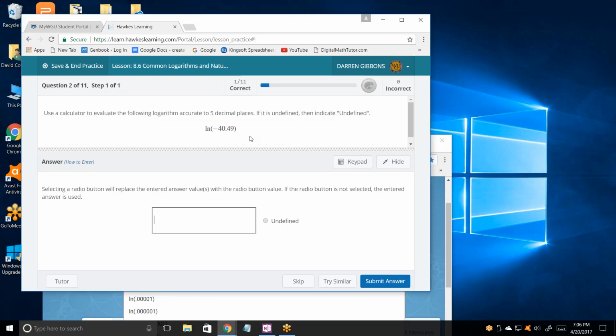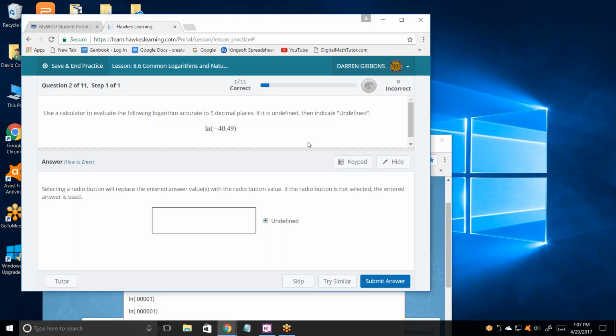Now, before you do this one, notice what the argument is. It's negative. You cannot take logs of negative numbers. Automatically undefined. It's kind of like taking the square root of a negative number. Oddly enough, in high school math, they teach people that if you take the square root of a negative number, you get a complex number.